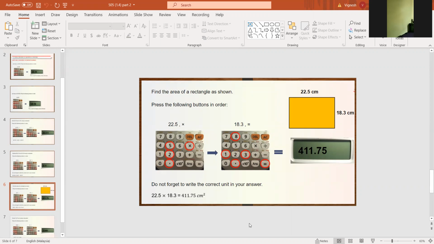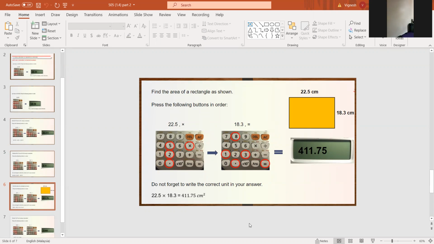22.5 times 18.3. Okay. If you have decimals, you have to ignore the decimal first. So let's say you have to show the working: 225, 183. You have to assume that there is no decimal in the question when you want to show the working.